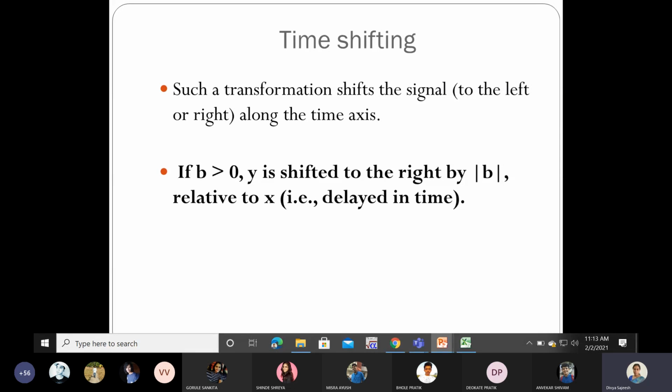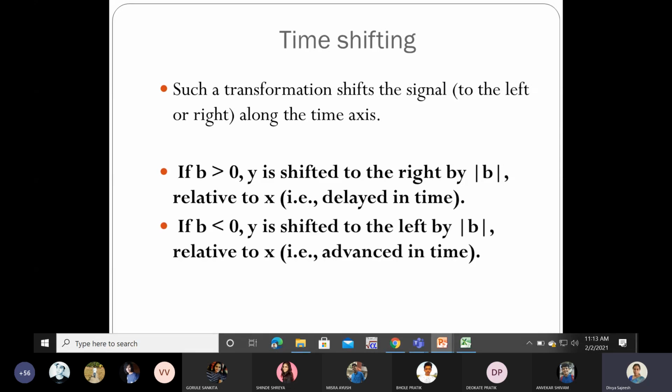If b is less than 0, that is x of t minus of minus b, it will become x of t plus b. So now the signal will be shifted to the left. If it is shifted to the left, it is known as advance in time, because again, take the signal was at the origin earlier.